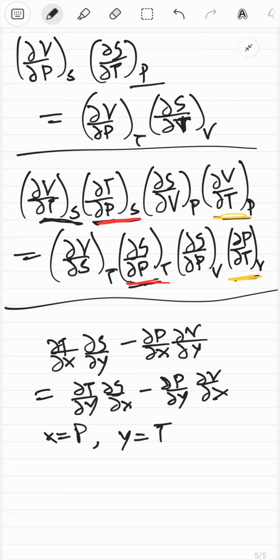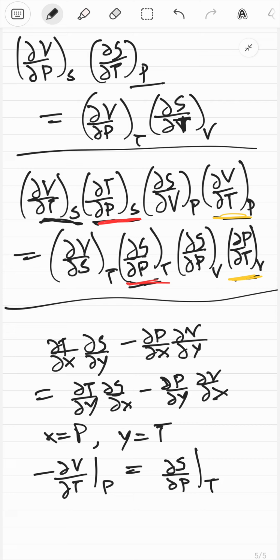So doing that, what do we get? This is gonna die. And what about this one? Partial P, partial P, that's 1. So just negative partial V upon partial T at constant pressure, that's equal to, so X is P, Y is T, so this is 1, so just partial S by partial P at constant temperature.